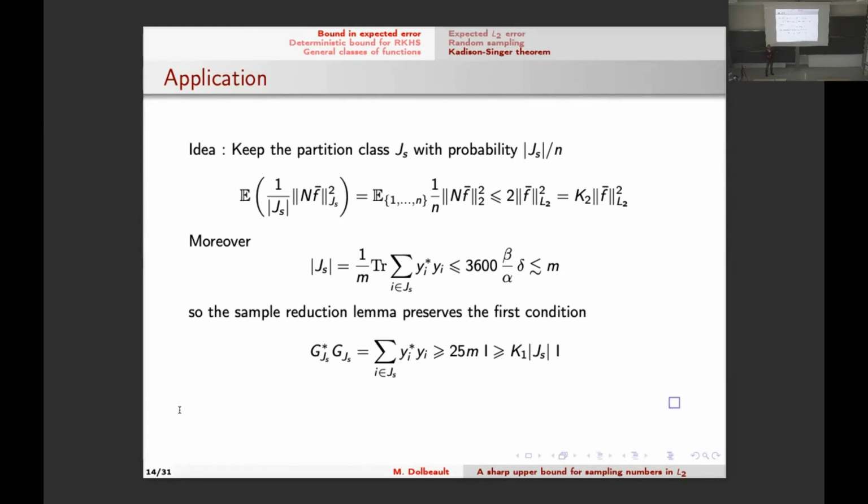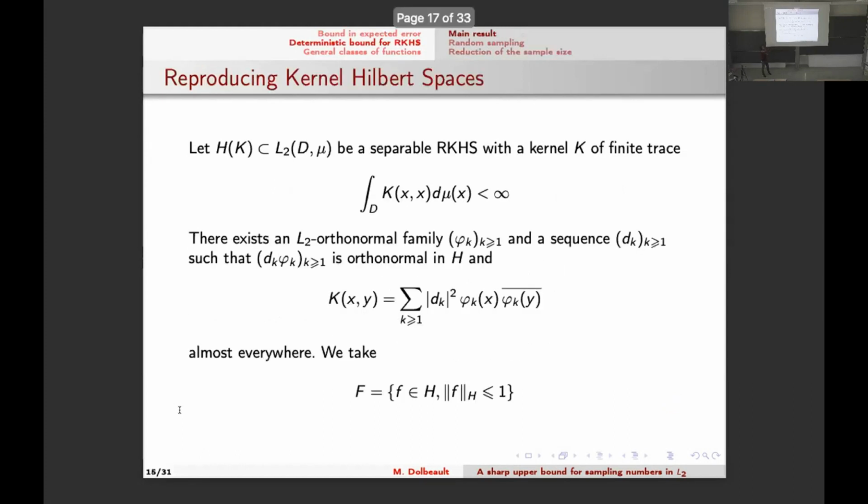So for a given f, the sample x1 to xn might be good, and then for another function g, the same sample might be bad if I fix it. So now I want something more uniform, in terms of sampling numbers, the deterministic ones.